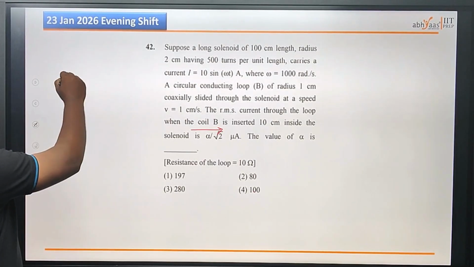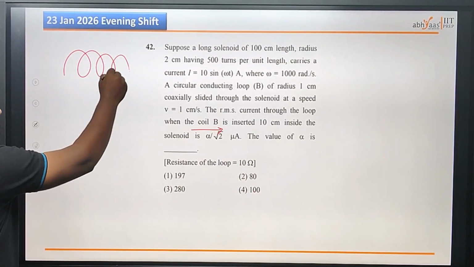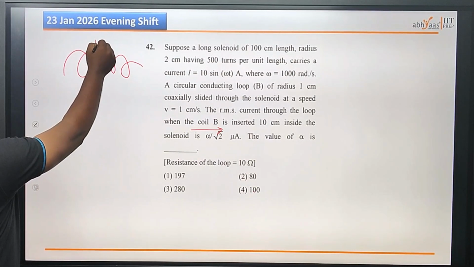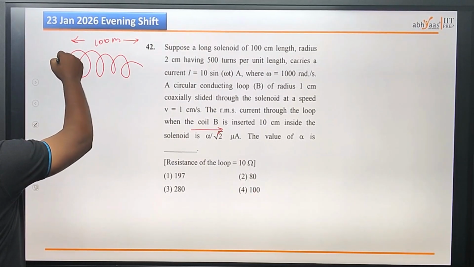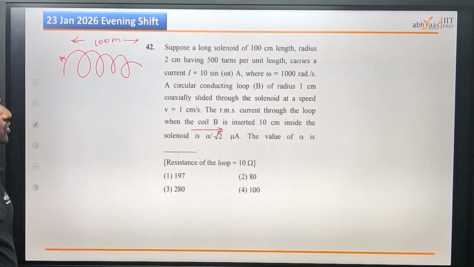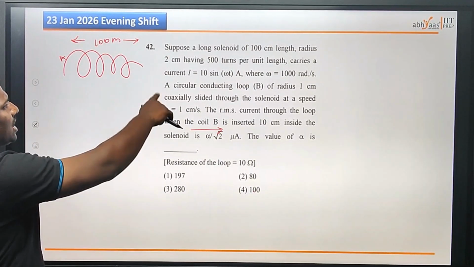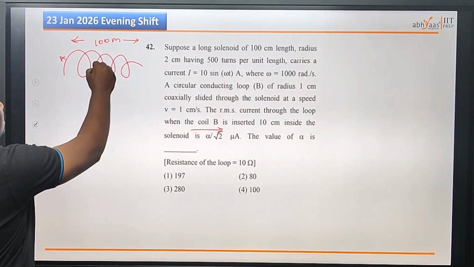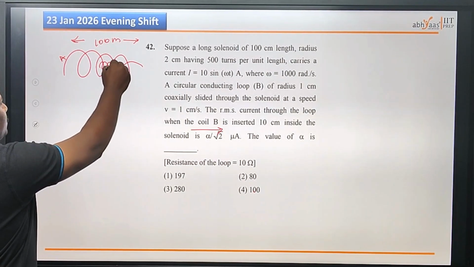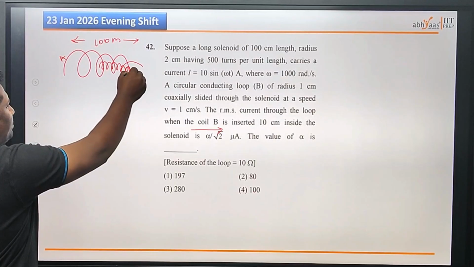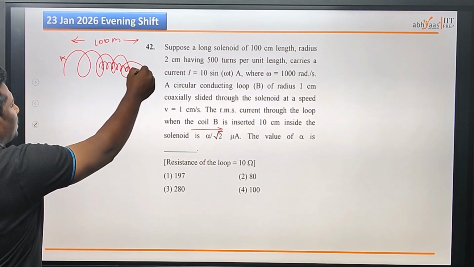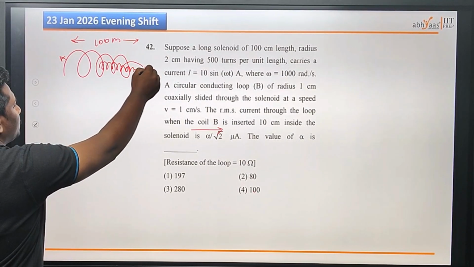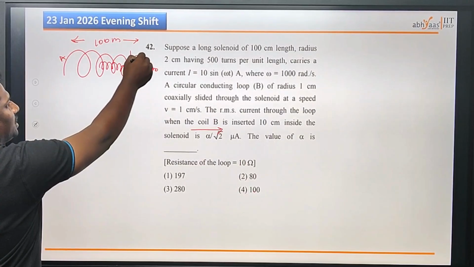So we have a solenoid A of length 100 centimeters. This is our solenoid A, and one more loop is there, that is a circular conducting loop B of radius 1 centimeter, and this is 2 centimeters.